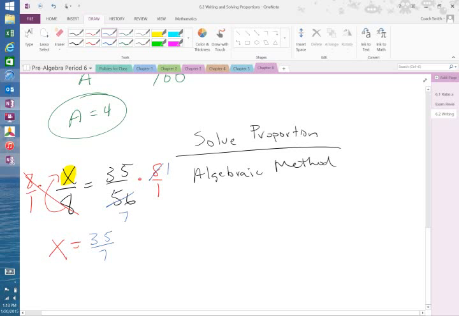Now, let me make sure which form they want your answer in. Okay, yeah, you can't leave it as an improper fraction. This is an easy one. Sometimes, eventually in the future, when you're in algebra classes like Algebra 2, Geometry, they'll allow you sometimes to leave it in improper fraction form. I wanted to make sure that was not the case here.